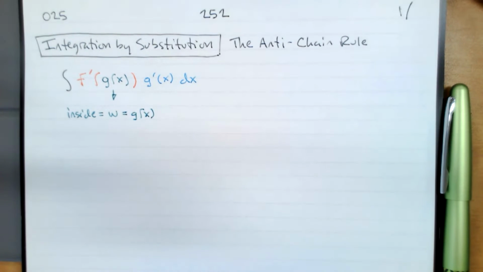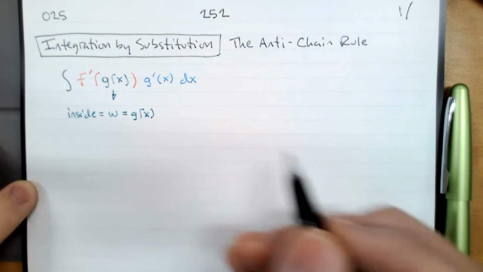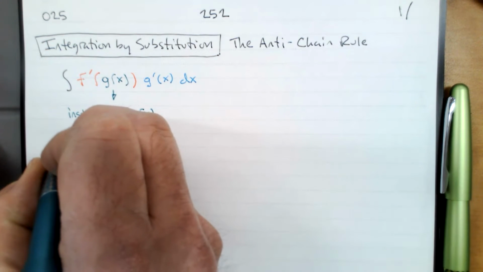Once we identify the inside, g of x, we need to make sure that our substitution is going to work. What will make the substitution work is that the derivative of the inside is a factor in my integral. So I'm going to take what I'm calling the w and find the derivative of the inside.